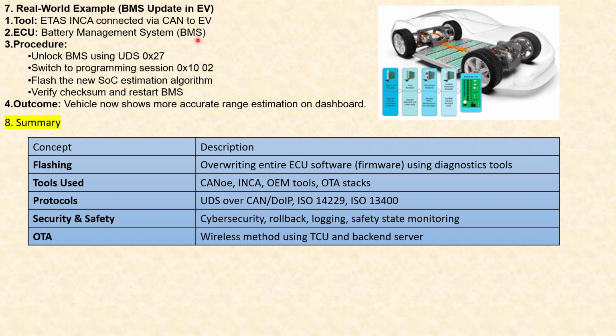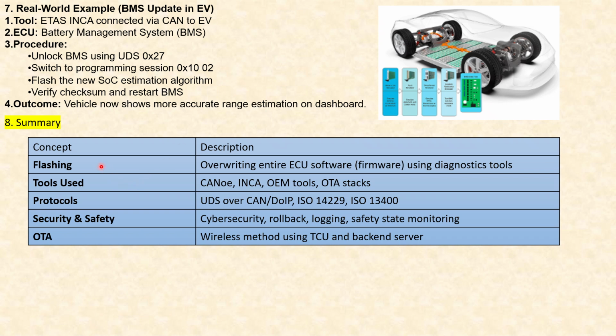Now the procedure: unlock the BMS using UDS 0x27 and switch to programming session 0x10 02. Then flash the new SOC estimation algorithm, verify checksum, and restart the BMS. Now this is the brief procedure for a BMS update in an electric vehicle.